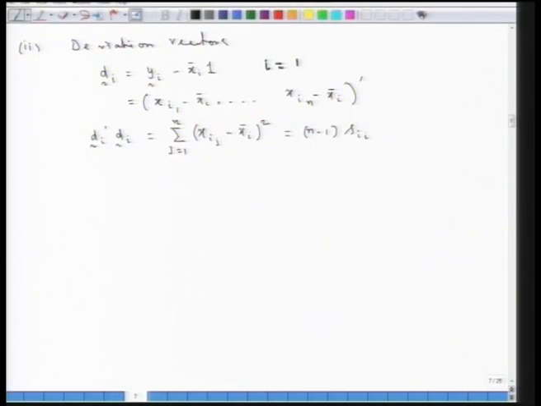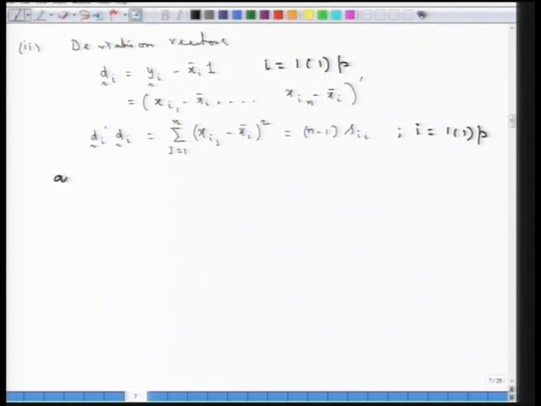We have p such deviation vectors, and hence p such quantities. So the norm square of these deviation vectors is associated with the sample variances of the respective components, with n minus 1 as the multiplier.